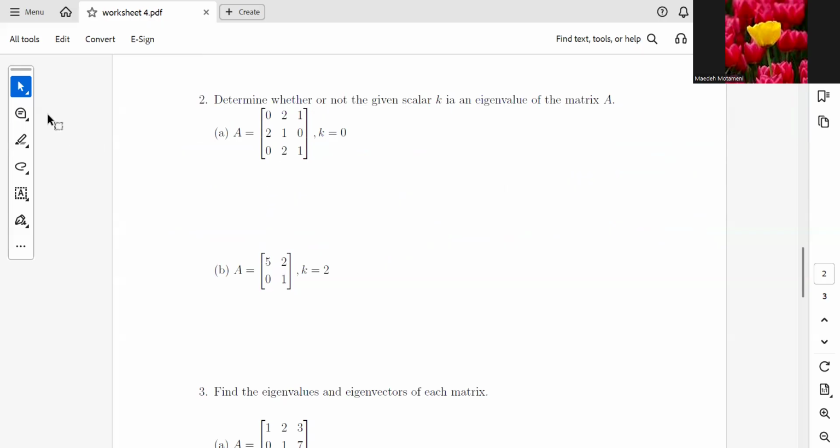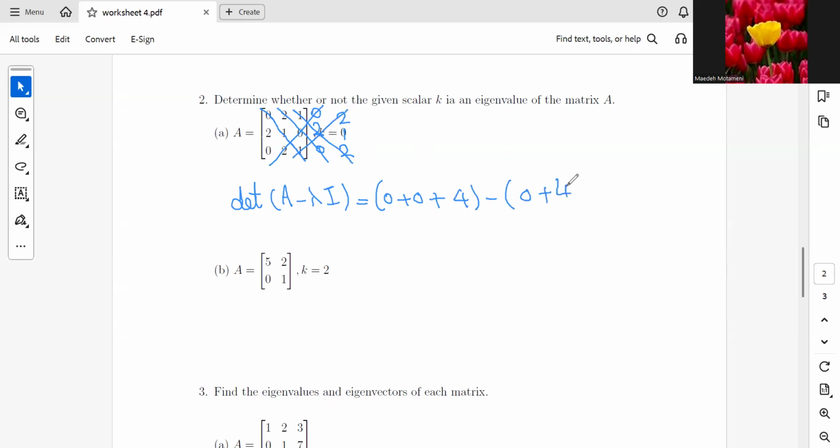We would repeat the first column and the second column here, and we are going to find the determinant of A minus lambda I, which will be multiplication of all these, which is 0, plus all these, plus these, minus these ones, and also these ones.